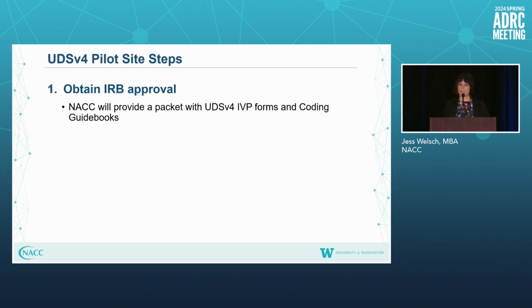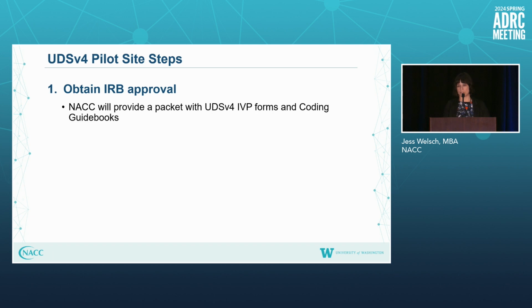So the steps for the UDSV4 pilot are a little bit more involved because they do involve contact with participants as well as new form content. So the first step is going to be to gain IRB approval, and that will happen after NACC provides, at the kickoff meeting, a packet with the UDSV4 forms and the coding guidebooks.